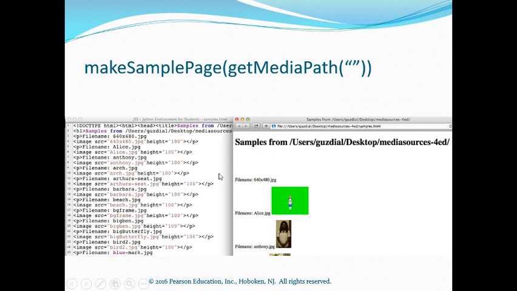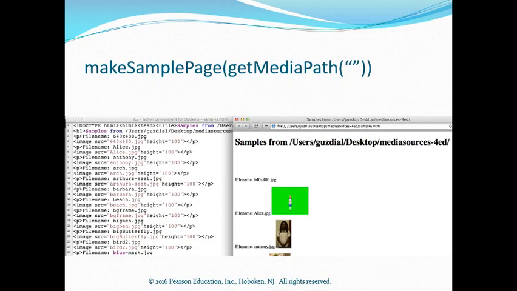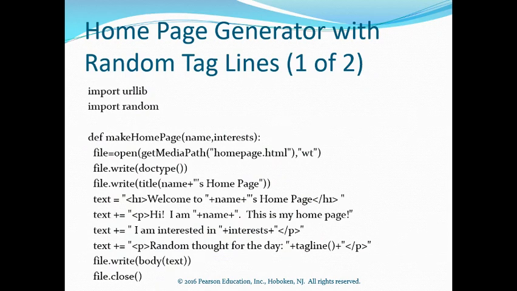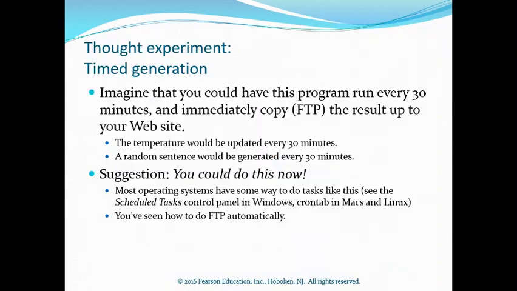You can see all that's done there. So it's generating the HTML again. Then when we run it, we can see how all that looks. So, homepage generated with random taglines. Just another example of something you can do.